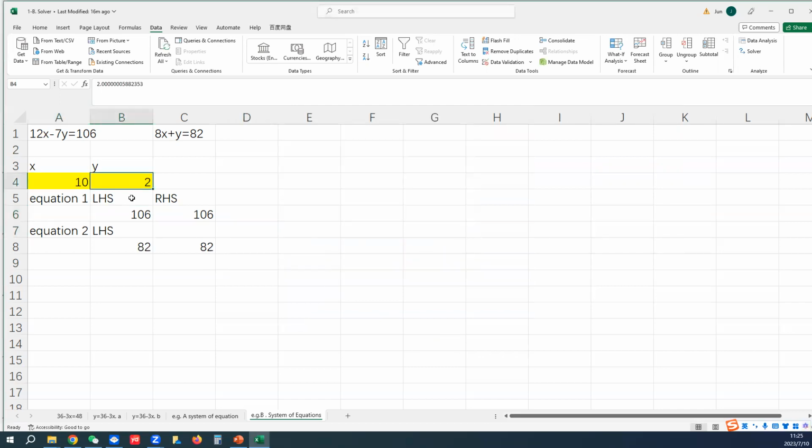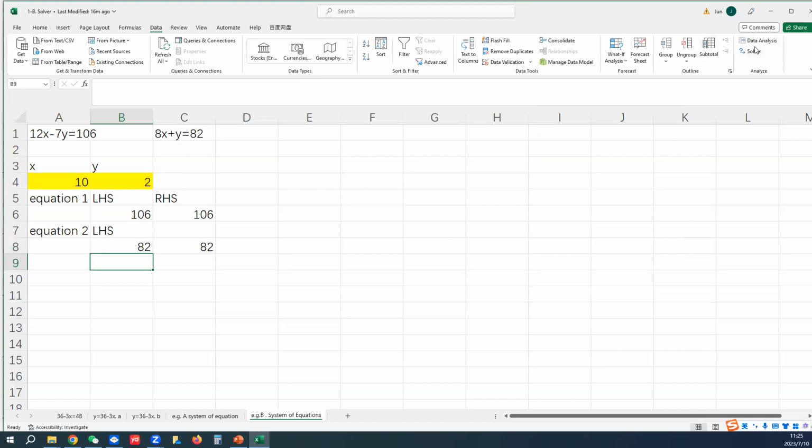And here is the result. When x equals 10, y equals 2, the left-hand side of equation 1, which is 12x minus 7y, is 106. And the left-hand side of equation 2 is 8 times x plus y, 8 times 10, which is 80, plus y, 2, which is 82, and it equals the value of the second one.